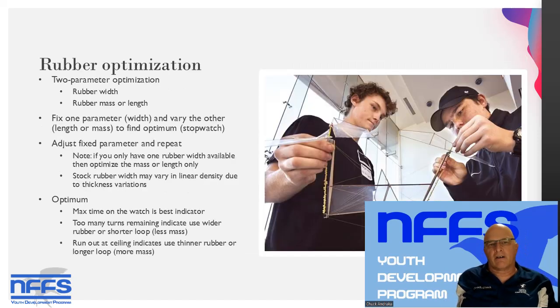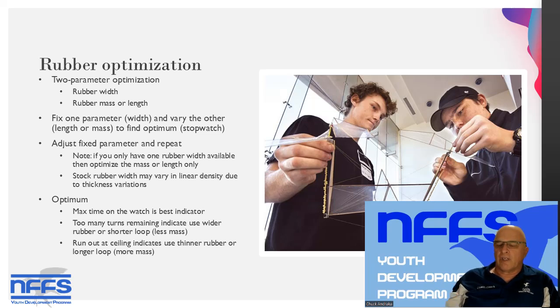Okay, I already talked a little about the rubber optimization. You've got two parameters, the width or the linear density and the rubber mass or length. So you fix one parameter. Let's say you've got 1/8 inch rubber, so you're going to fix the width and then vary the length or mass and find your optimum with a stopwatch. Adjust your fixed parameter if you can, go to slightly wider rubber or slightly narrower rubber, and then adjust your length again until you find an optimum.